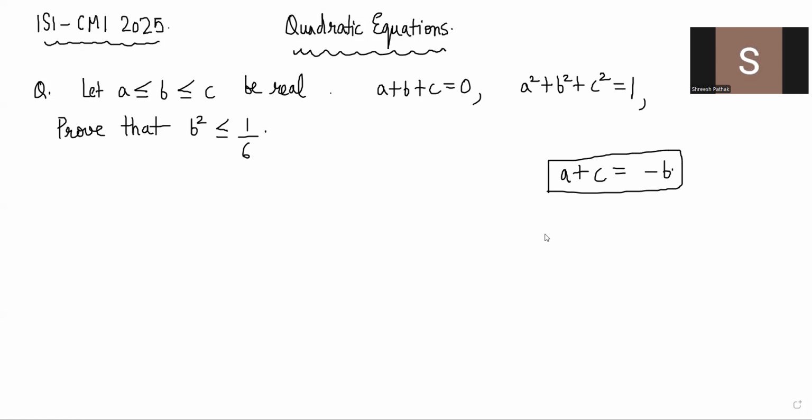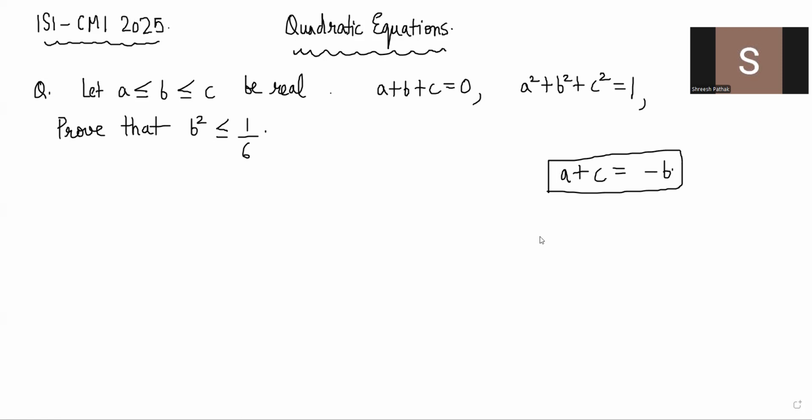So what I was thinking was it would eliminate C, and then we would get a quadratic equation in A and B. Then we would use the discriminant condition to eliminate A, and we would get range of B. So have you tried it? Yes, sir.